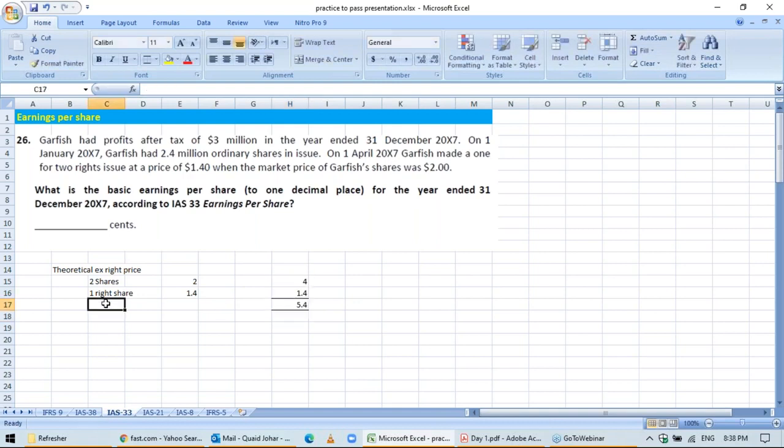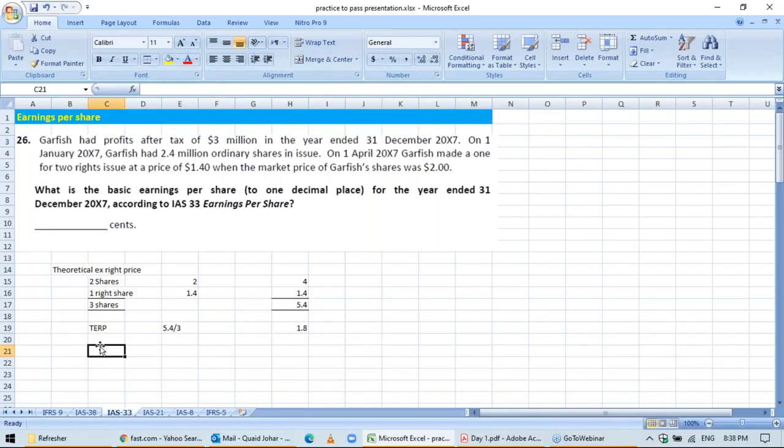And the number of shares, initially he was holding two shares, now he's holding three shares. So the value of three shares now is 5.4. So the theoretical ex-rights price, TERP, is 5.4 divided by 3. This makes 1.8. The first step is calculating the theoretical ex-rights price.